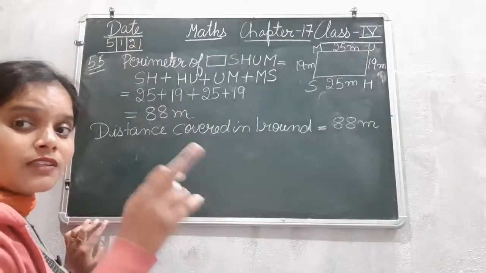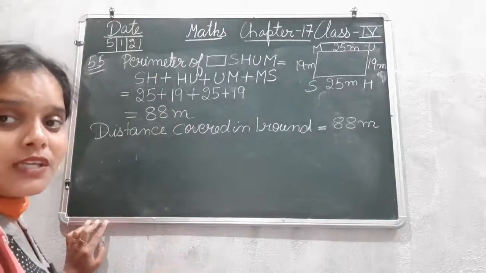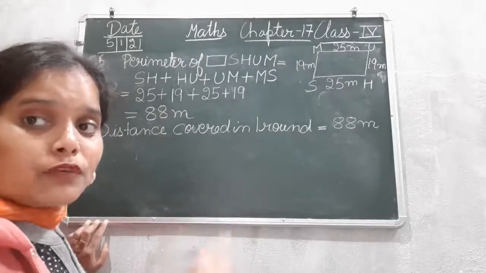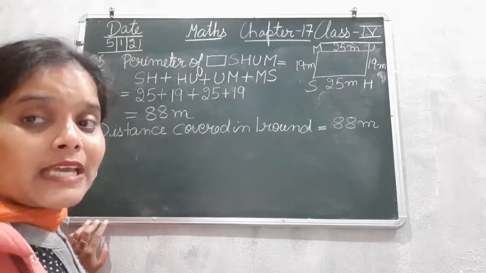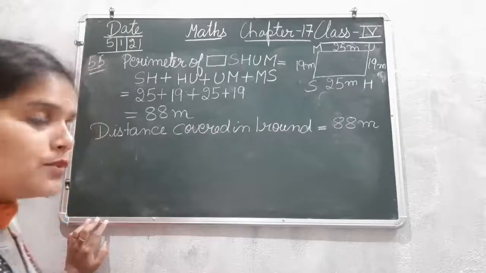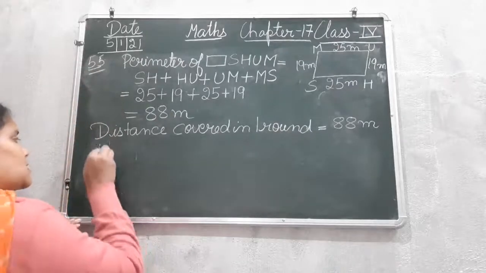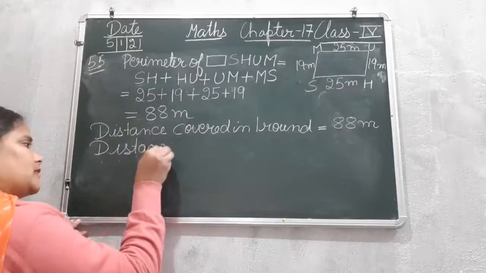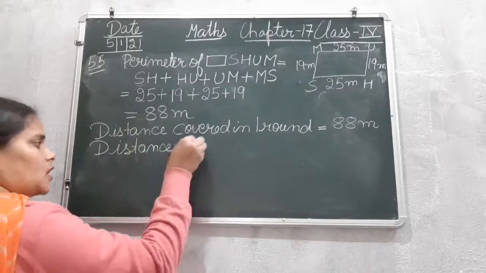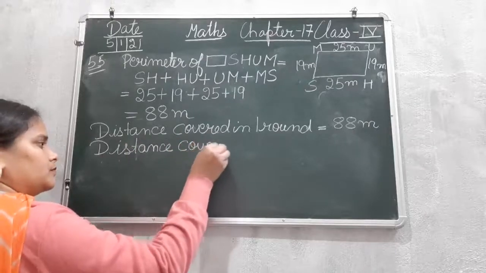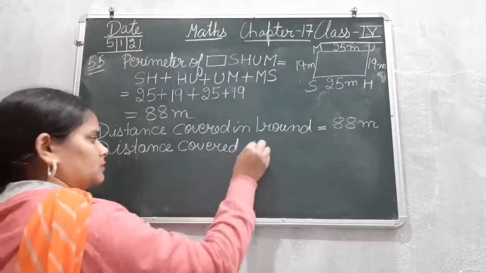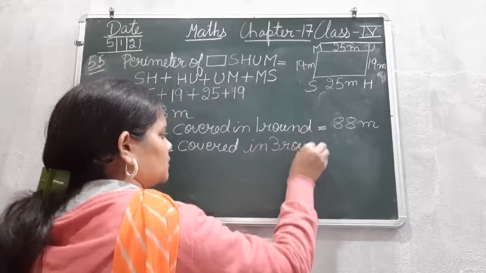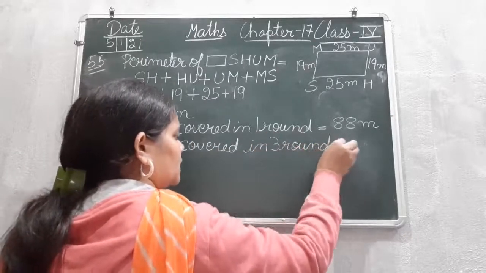Because he has taken the 3 rounds of that rectangular field, so हमें निकालना है उसका total distance. So that means we have to find the total distance that he has covered while taking 3 rounds. So distance covered in 3 rounds, ये हमें निकालना है.